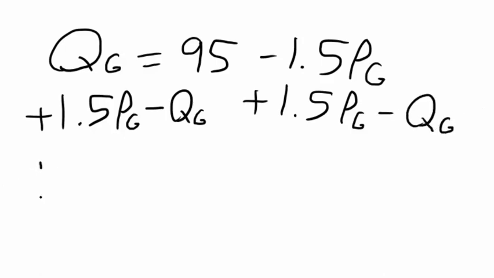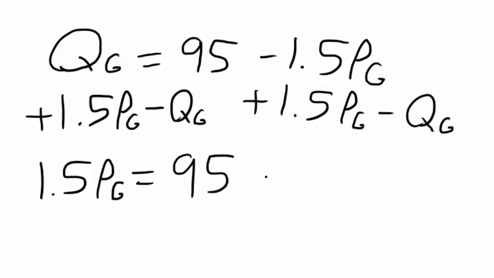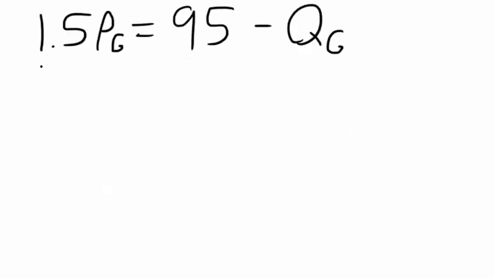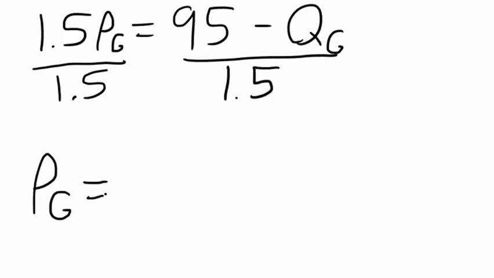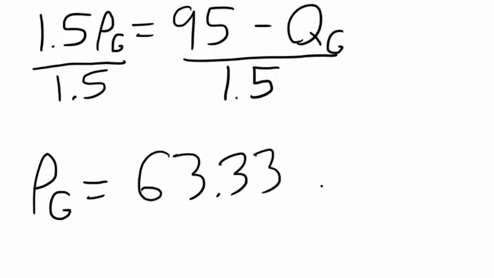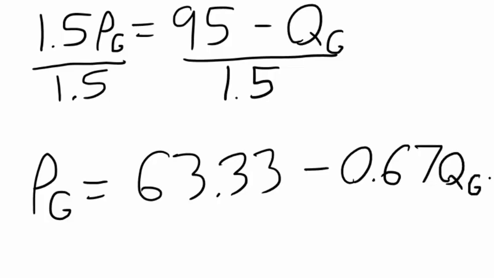What we get is 1.5 times the price of graphics cards equals 95 minus the quantity of graphics cards. If we divide both sides by 1.5, we get a price function for graphics cards of 63.33 minus 0.67 times quantity G. And now we have the price function for graphics cards.